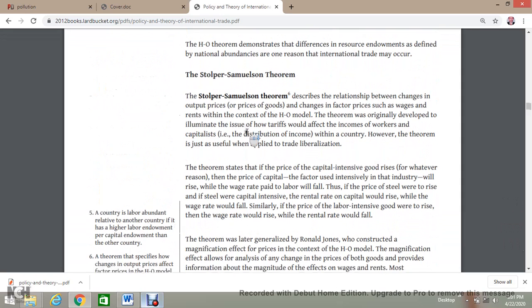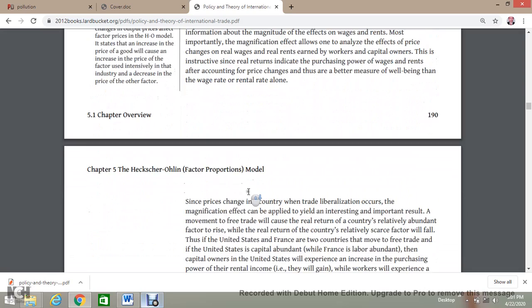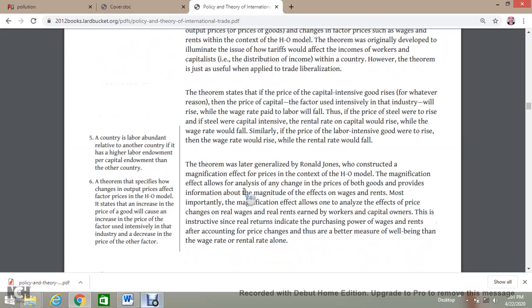So this is about the Stolper-Samuelson theorem. Let us understand the theorem once again in a good manner. I would like to summarize this theorem.